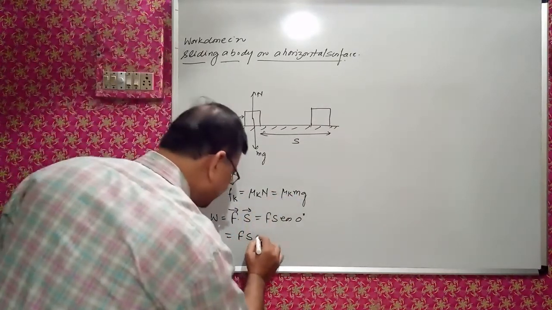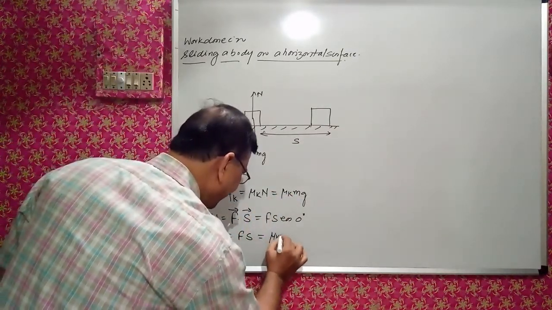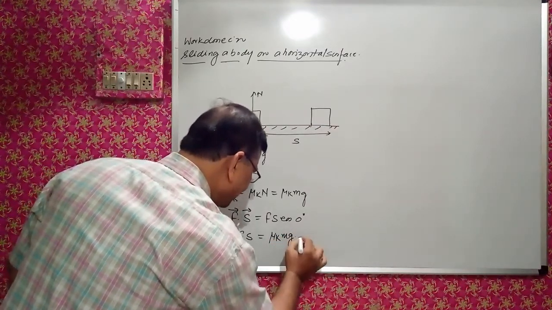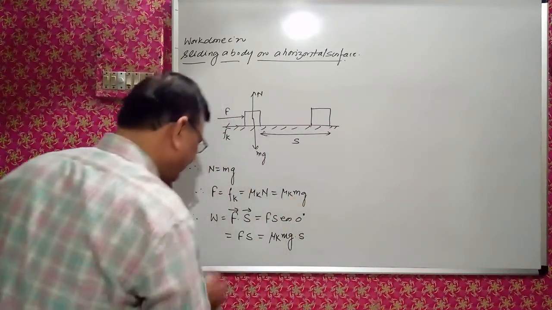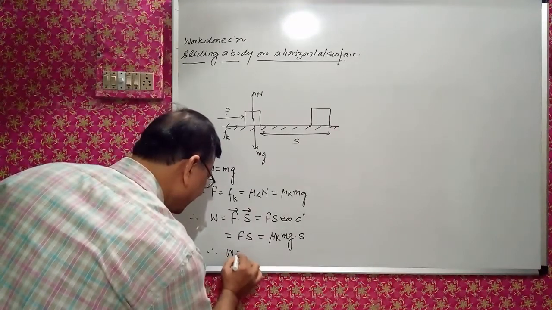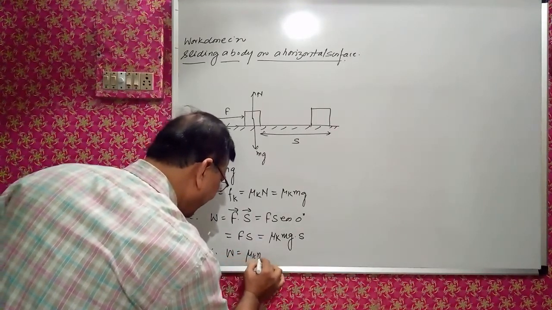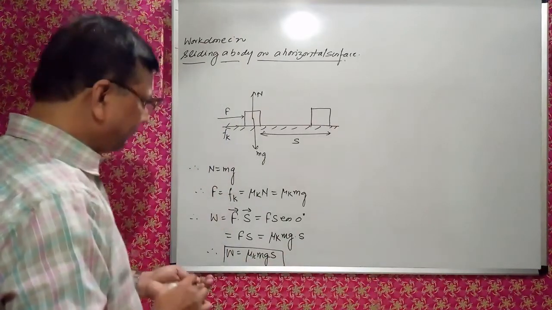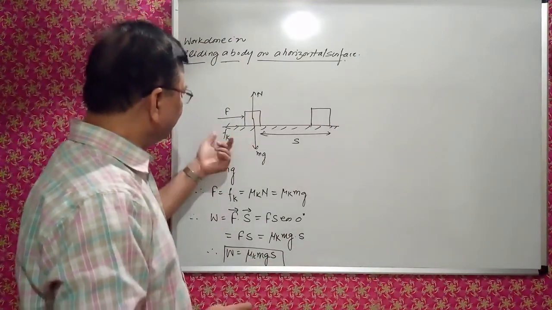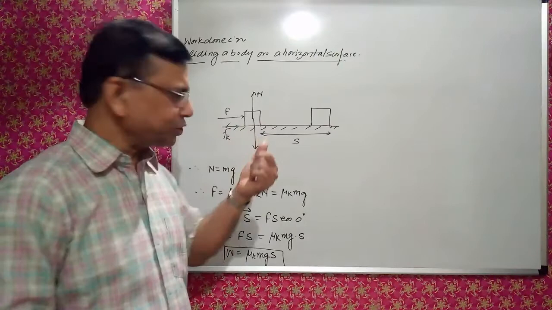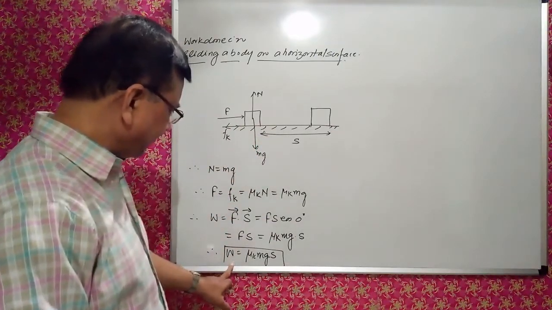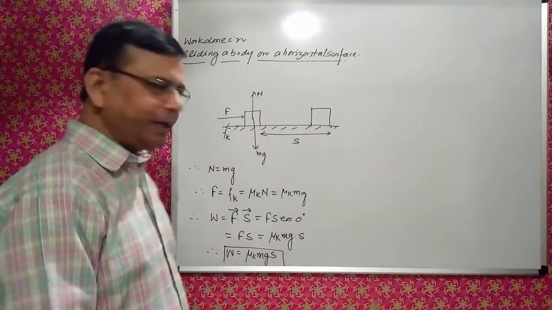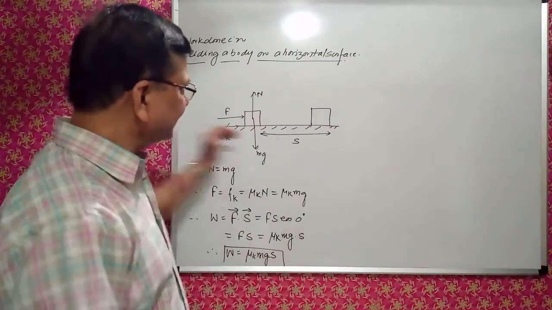That is mu k mg, so mu k mg into S. Therefore, work done is equal to mu k mg S. This is the work done by the external force, which is equivalent to the kinetic friction. It is for the horizontal surface.